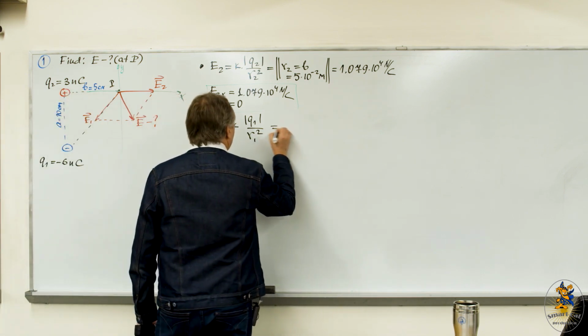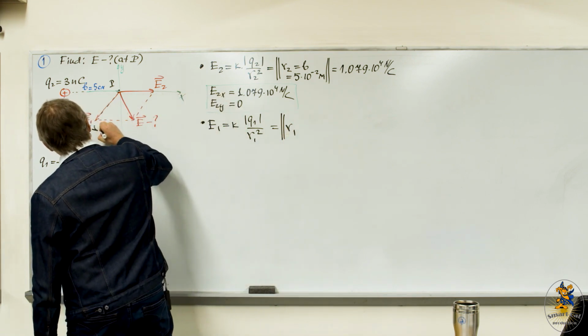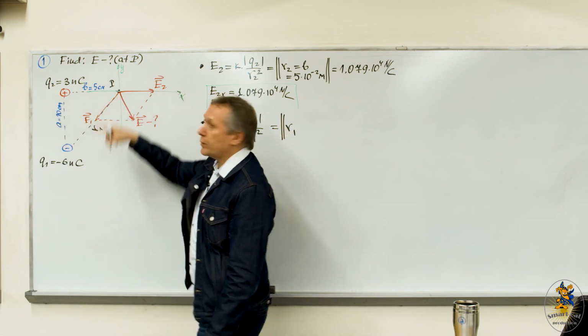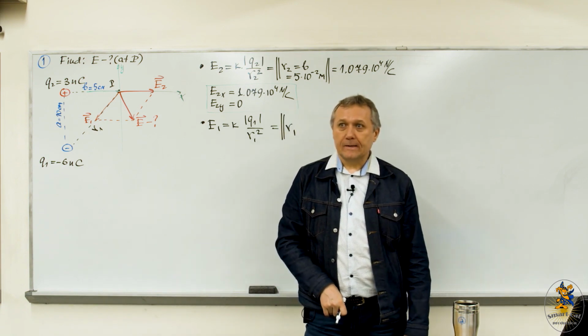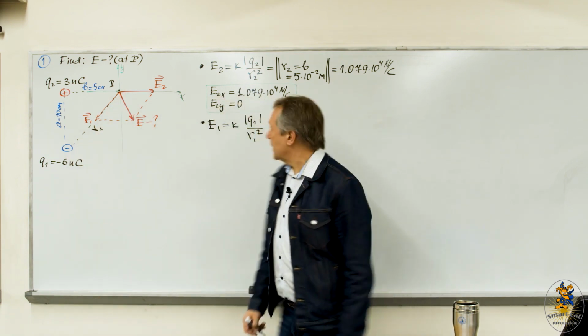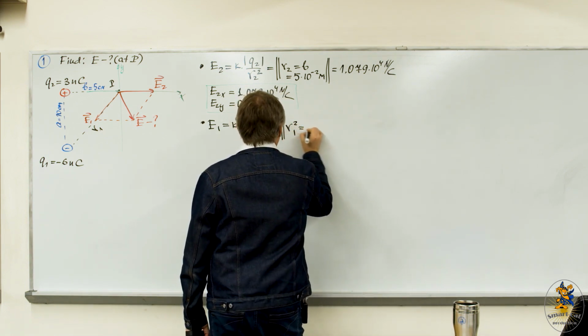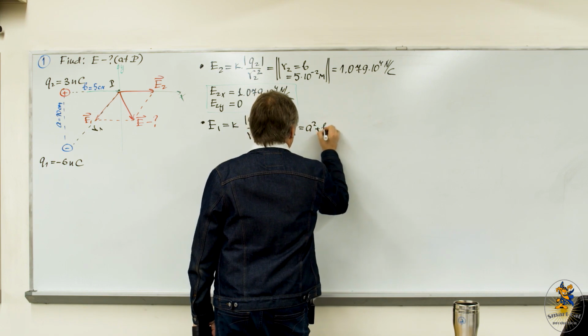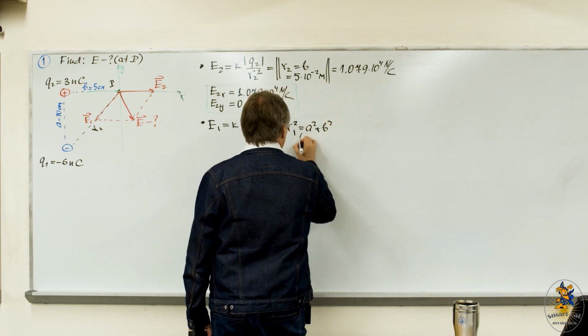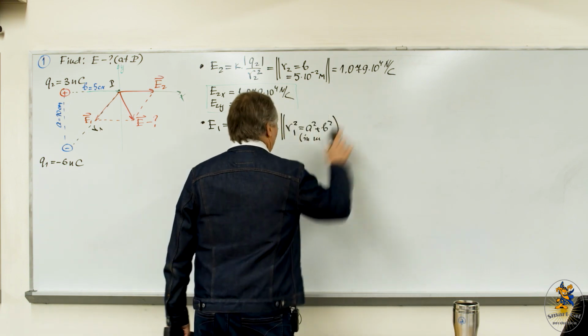Okay, so what's the value of R1? R1 is the distance from the charge to the point in question. So we just need to use the Pythagorean theorem to find that R1. Everyone knows that, right? So R1 squared equals A squared plus B squared. And again, don't forget it must be in meters. Wrong bracket.